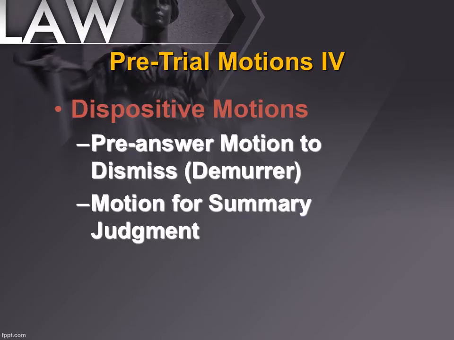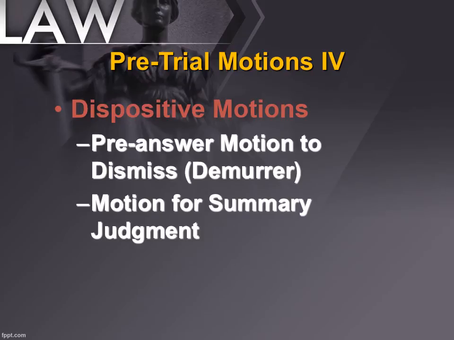Going back to what we said before, while a pretrial motion to dismiss is bad law, the motion for summary judgment could be considered bad facts or insufficient facts for a trial to go forward. So there are two ways to bring a dispositive motion.